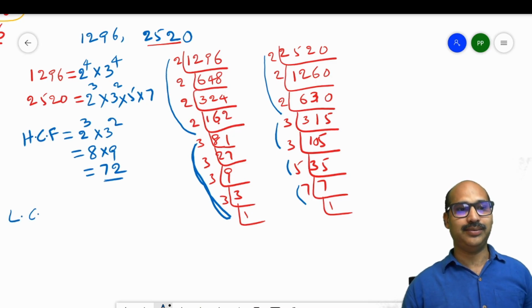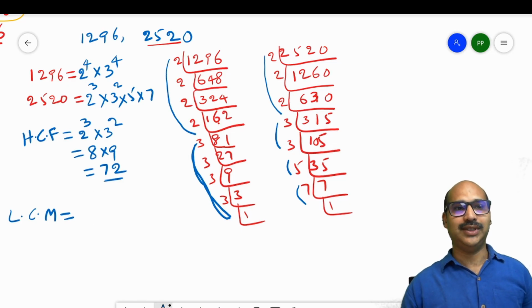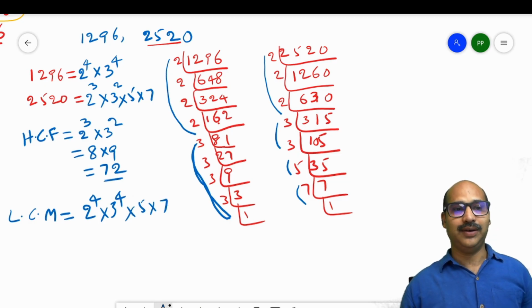What is LCM? To get the LCM we have to consider the maximum power. So here 2 power 4 is there, we have to get 2 power 4 into 3 power 4. Now this 2 cube is part of this 2 power 4. 3 square is already covered in this 3 power 4, into 5 and into 7 are left over.